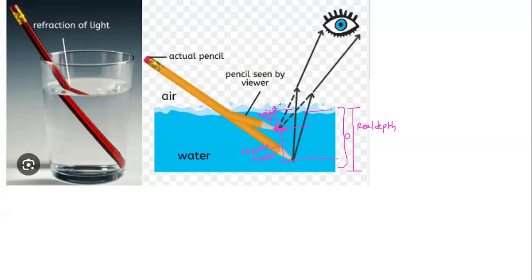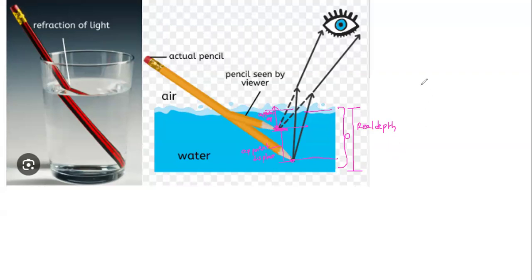Then the distance from the image up to the top is what we call the apparent depth. Then from the original object up to where the image has stopped is what we call the apparent displacement. The further the particle has been taken from its original point to the other point is what we call the apparent displacement. So when we talk about displacement, we are looking at the change in the distance, the way the distance changes from one point to another.